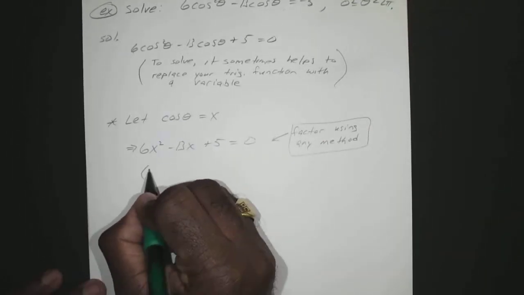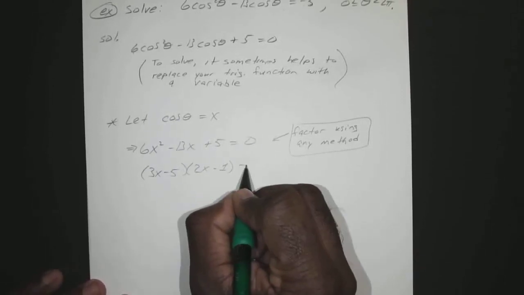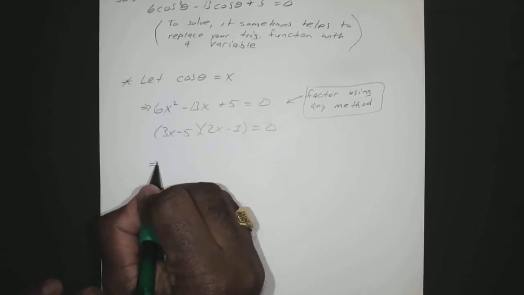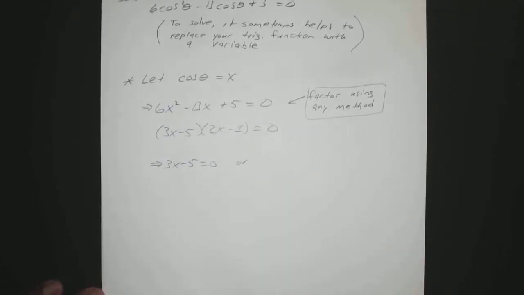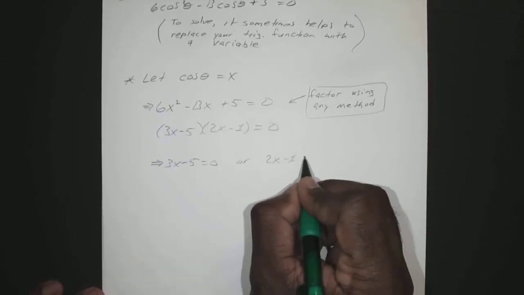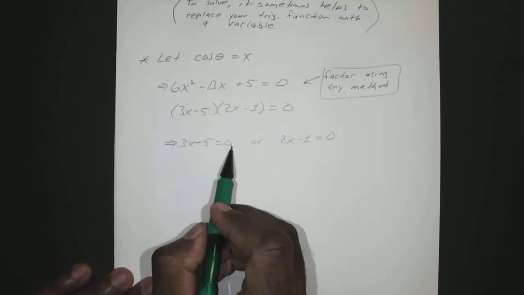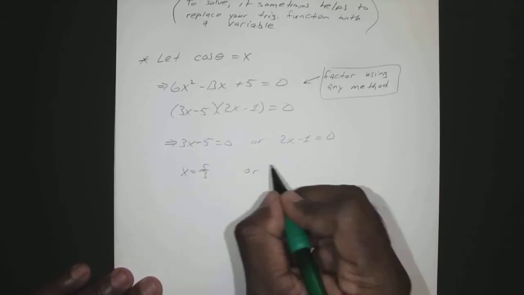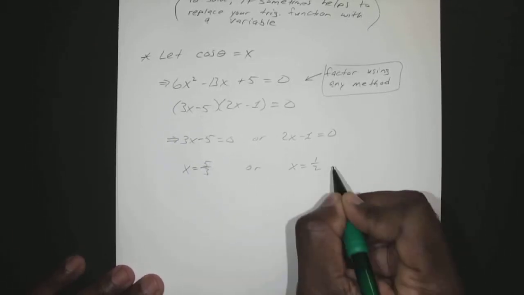Now once you factor, you end up with 3x minus 5 times 2x minus 1 equals 0, which means that your 3x minus 5 can equal 0, or 2x minus 1 can equal 0. So if we add 5 and divide by 3, x can equal 5 over 3. Or, if we add 1, then divide by 2, x can equal 1/2.